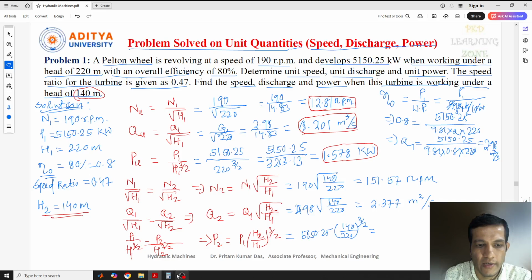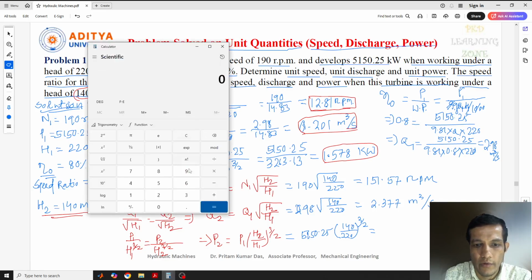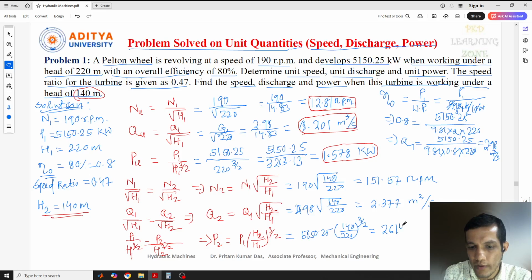So power is 140 divided by 220 to the power bracket start 3 divided by 2 bracket close, multiplied by 5150.25, which gives 2614.48. This is kilowatt. So these are the second step answers for the second head.